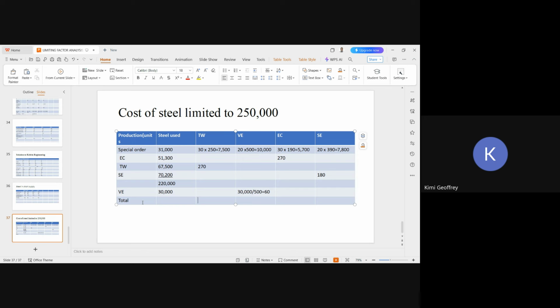I was thinking we'll subtract all those units, and by the time we add them together, we'll deduct from the 250,000. But I just realized that that is in units and this is in amount. Or am I missing something?